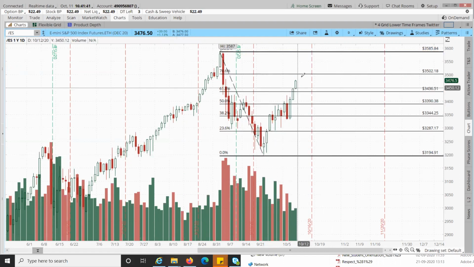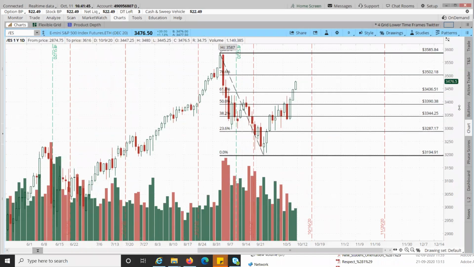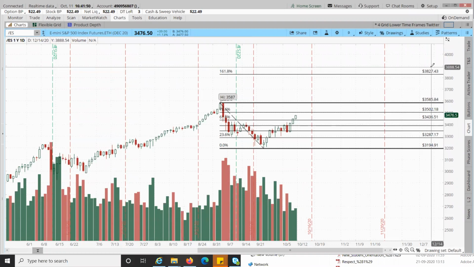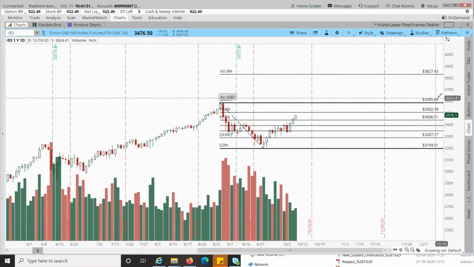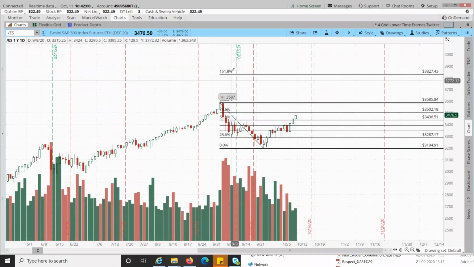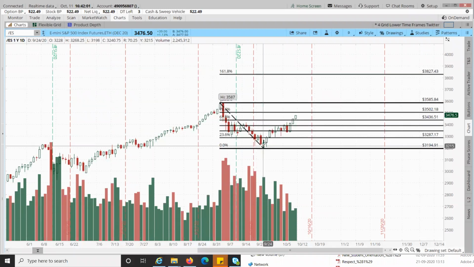But where it goes, I don't know. For that, I have these extensions. So once I cross 35.85, the next level I should be looking for is 38.20. And that's it. And this is based on this fall.